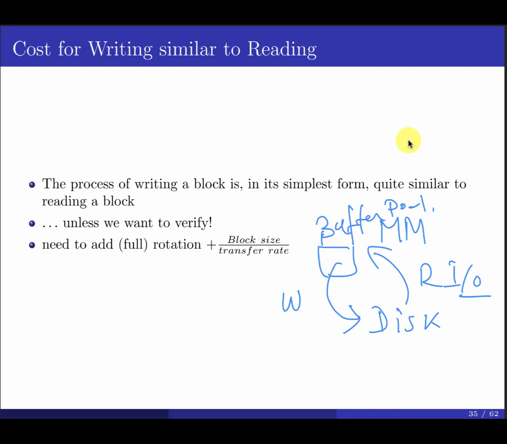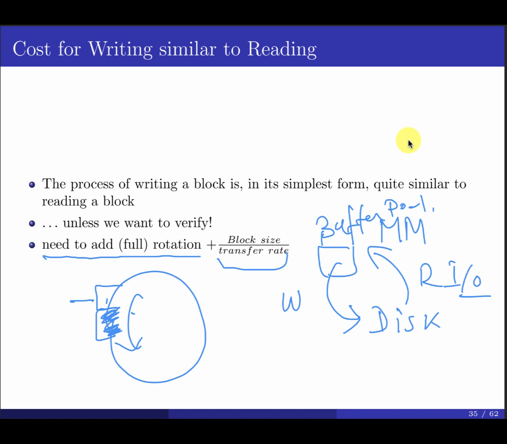So in this case, you need to perform one additional full rotation, then you need to read the data again. Why? You see that, for example, this is the track here. This is my head here. I just specify the beginning. Then now I write a specific block. When I write the specific block, the read write head is going to be here, right?